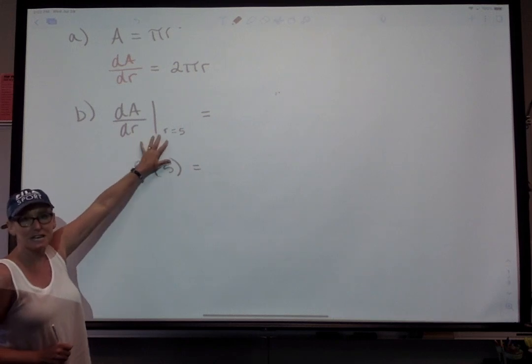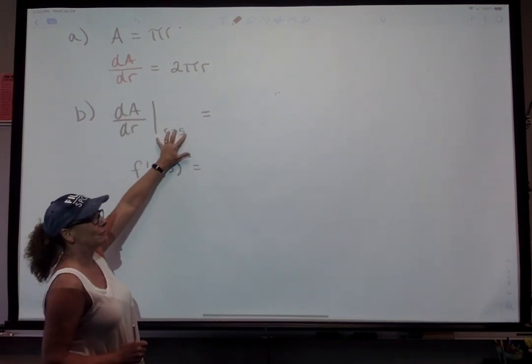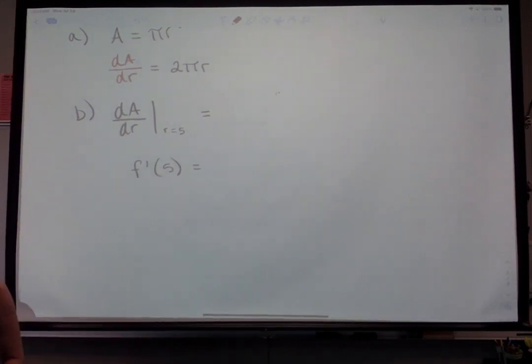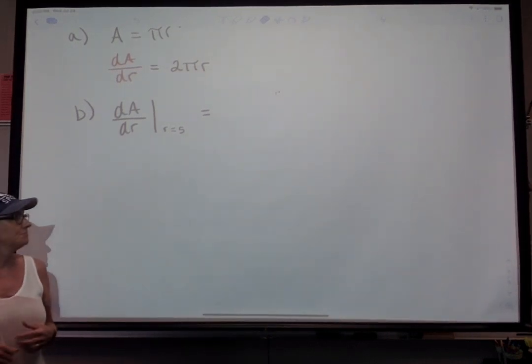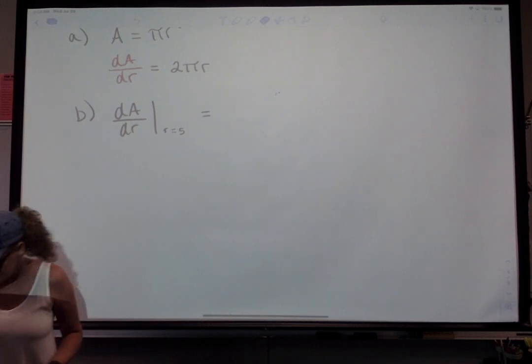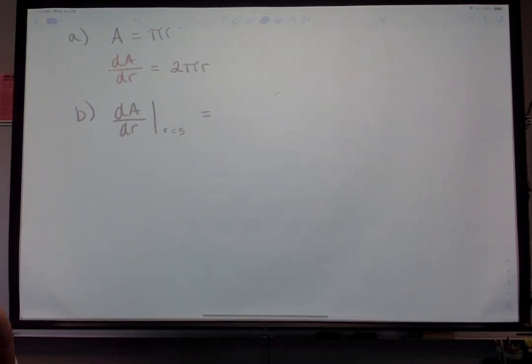This is different notation. So I have to note it differently that I'm plugging in 5. I know, it's more writing. I know, you don't like it. Get over it. So I plug in 5 and I get 2 times 5, I get 10 pi. And I also need to do dA/dr evaluated at R equals 10. It's 20 pi.